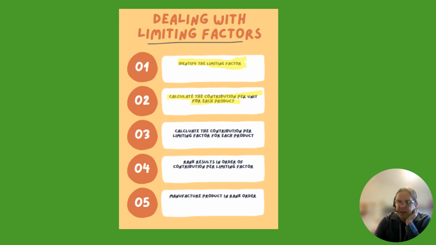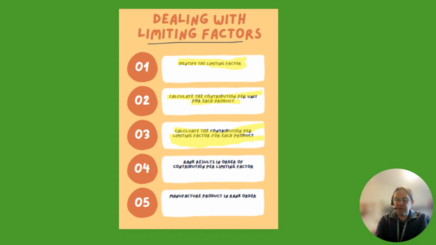that isn't how we're going to deal with the limiting factor. We're not going to go with the product that makes the most contribution per unit. We're going to go for the product that makes the most contribution per limiting factor. So the next step is calculate the contribution per limiting factor. If the limiting factor is hours, we divide our contribution by the amount of hours per unit, or the amount of kilograms per unit if it's materials.